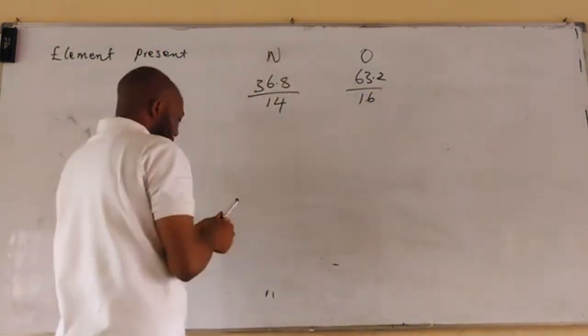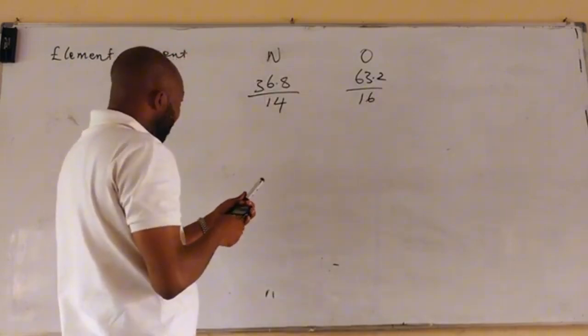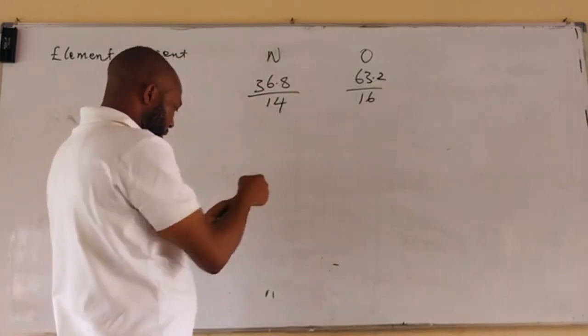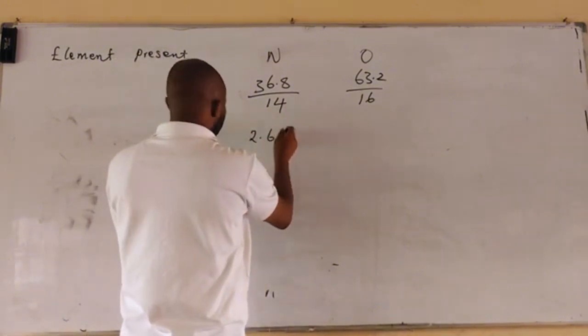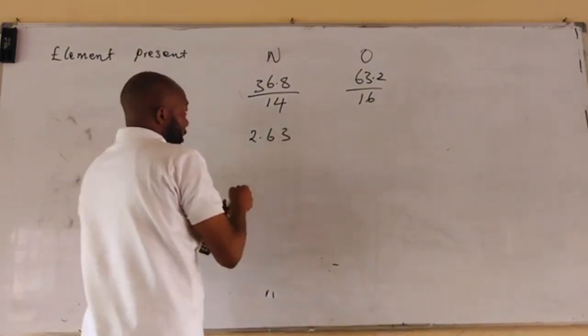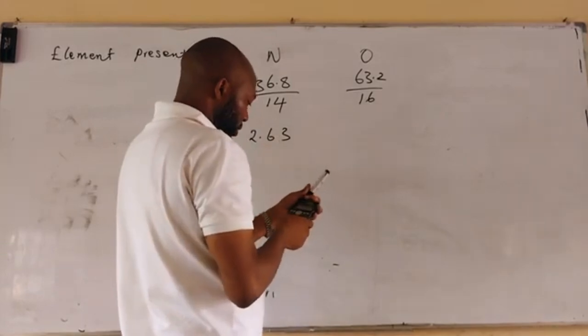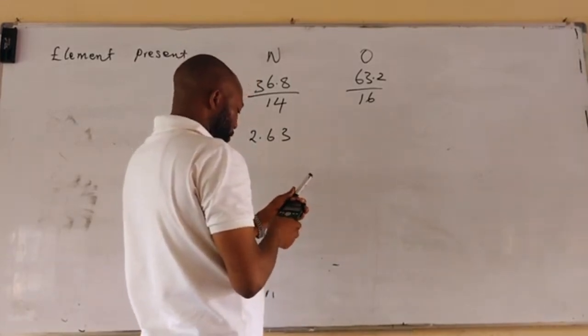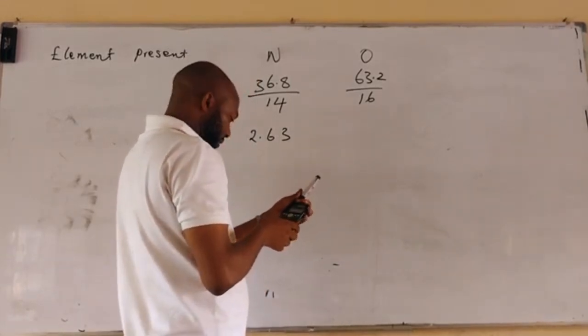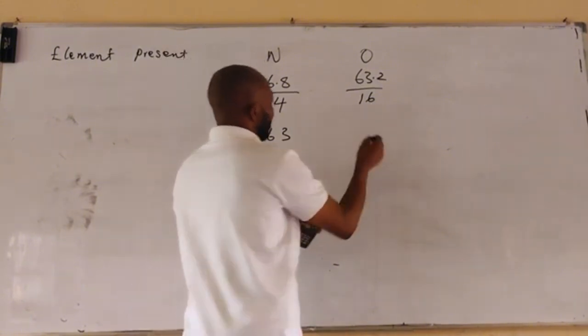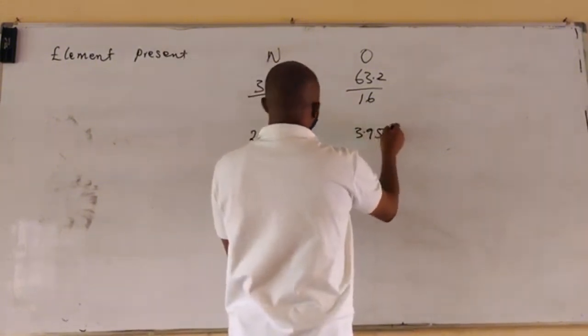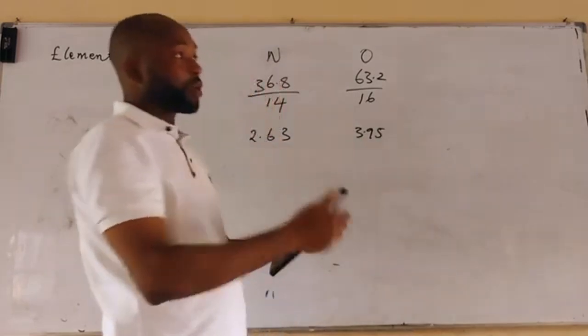When we do that, 36.8 divided by 14 is 2.63. Now here 63.2 divided by 16 is 3.95.